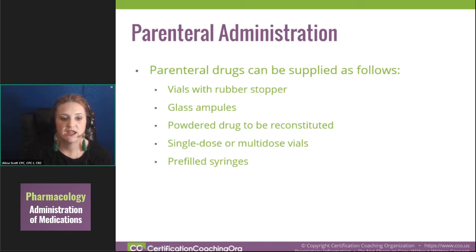Drugs given this way usually have a vial with a rubber stopper, so that the medication cannot come out of the bottle. A lot of times, once you inject it and you pull out the medication, you don't use that vial again, right?